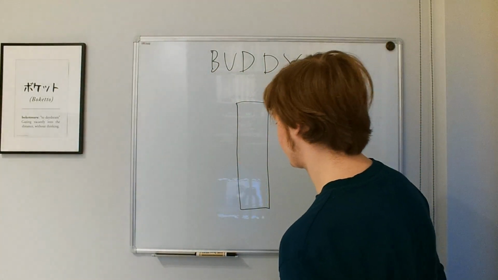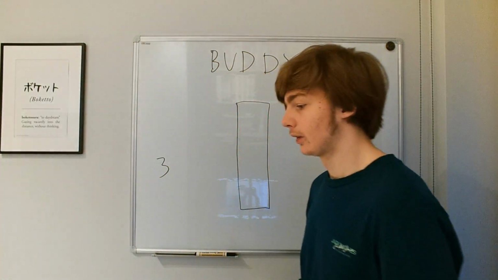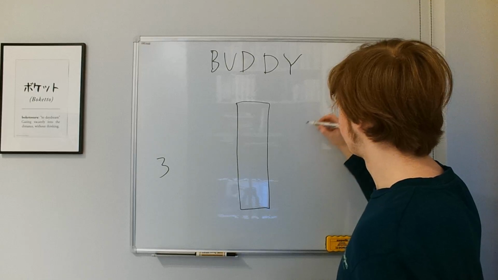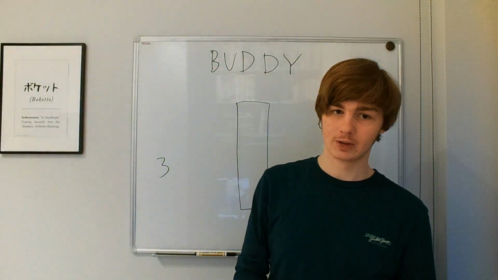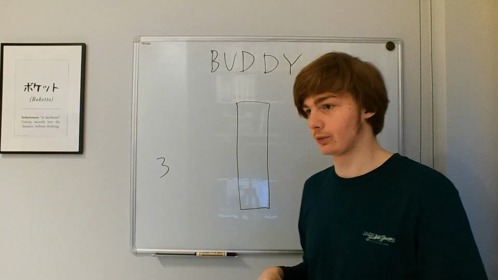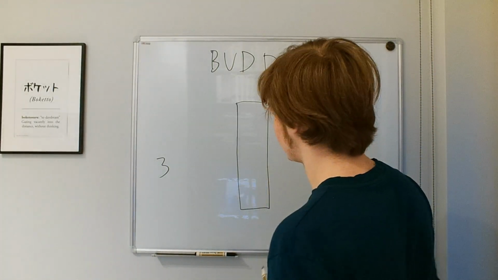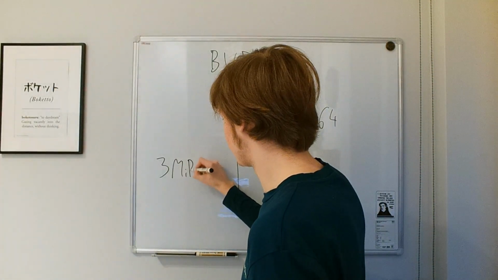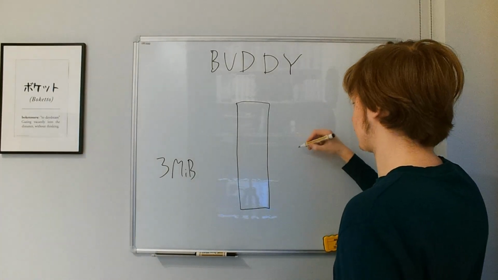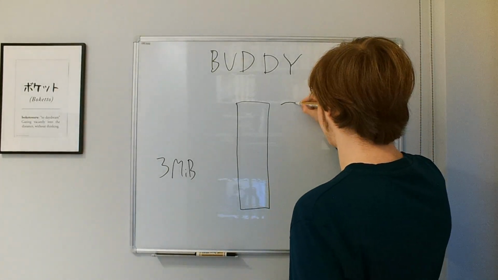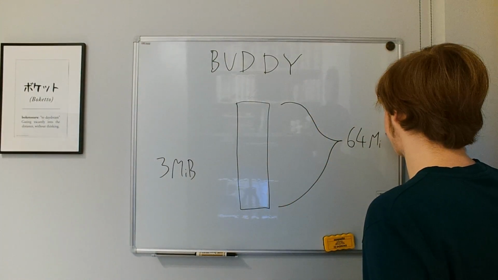Right, let's say we want to allocate 3 megabytes, and we have 64 megabytes here, or maybe bytes, if you want to be precise, the powers of 2, whatever. So over here, 3 megabytes, and then a memory with a size of 64 megabytes.